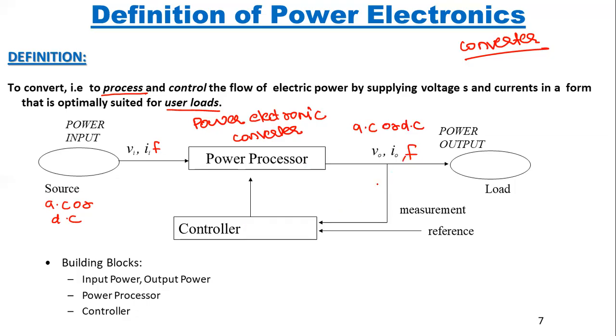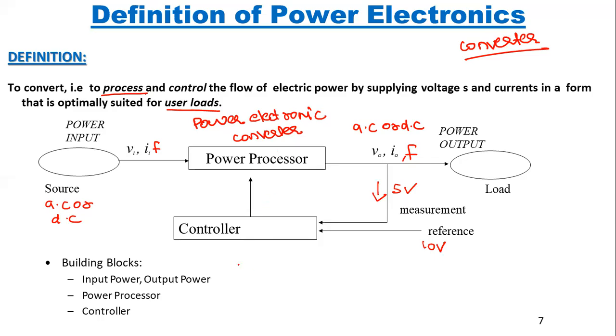Something we have kept as a reference, so we are comparing. If 5 volt is coming and we have kept the reference as 10 volt, then that difference or error is given to the controller, and that controller in turn again controls the power electronic converter.